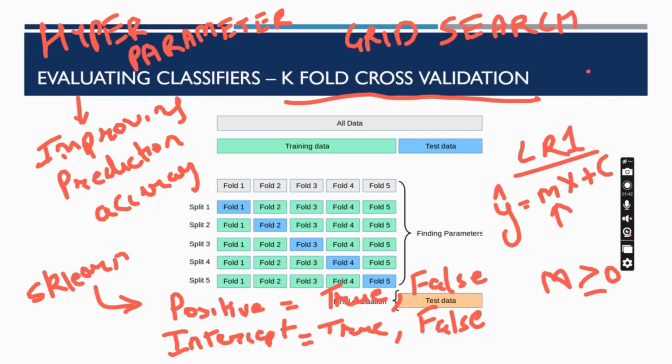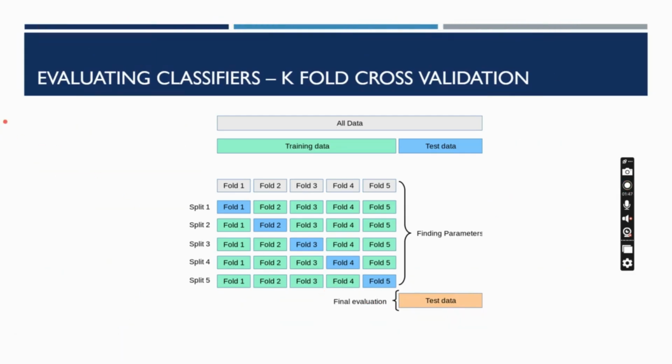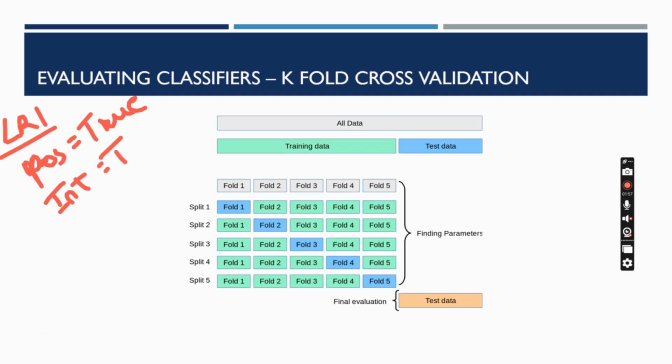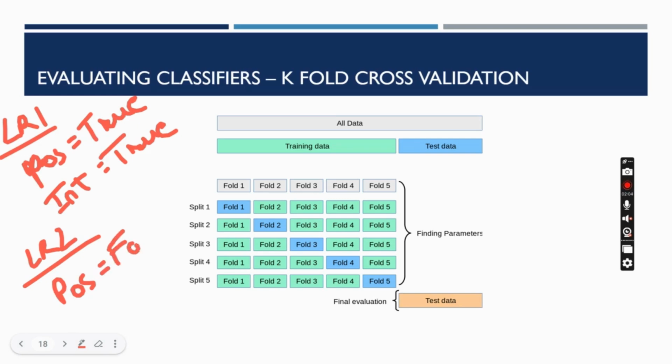So this is LR1, which is linear regression 1. It will have positive as true and intercept also as true. LR2 will have positive as false and intercept as false.